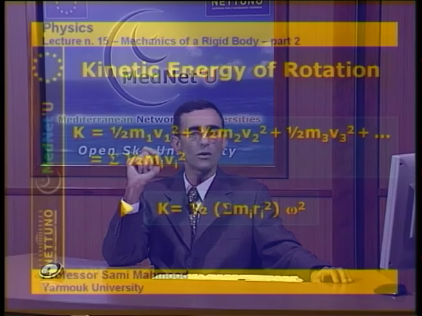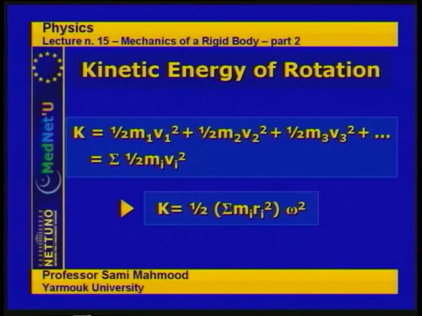Now, this quantity in parentheses, which is the summation of m_i r_i squared, is related to the distribution of particles with respect to the rotation axis. Notice that it is the product of the mass of each particle times the square of its perpendicular distance from the rotation axis. So it is related somehow to the distribution of the particles with respect to the rotation axis.